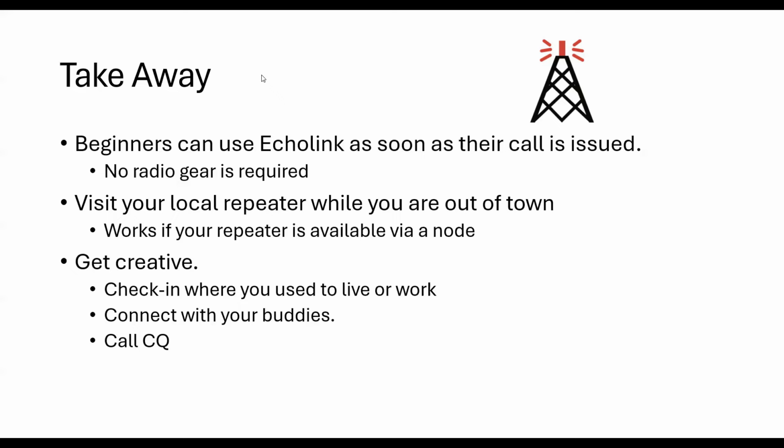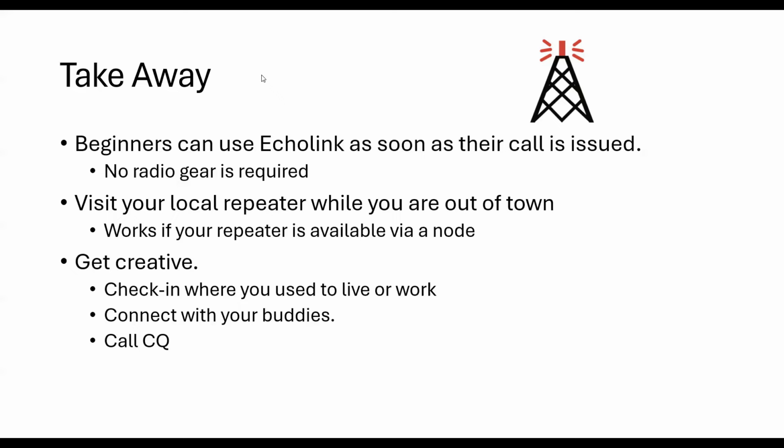So once you know it's N4KGL-R, when you do a search for it, it'll show up and you can click on it and then it will connect you. And then it will announce you.